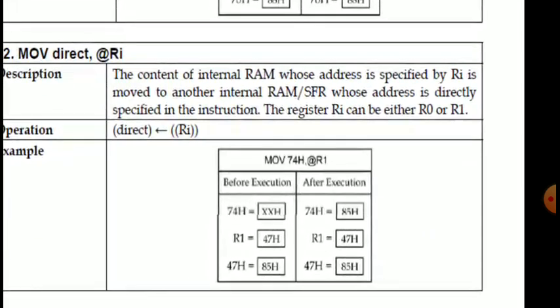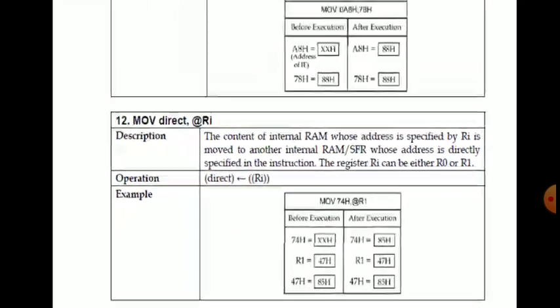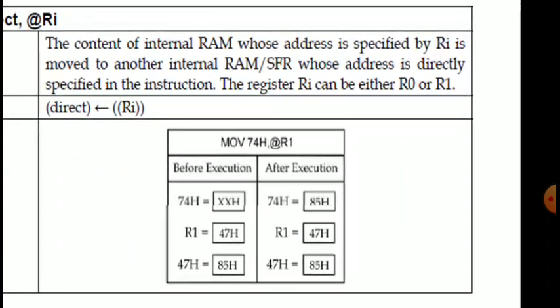Let us say R0 has some data, the same 47h, and the 47h has some random data, and the accumulator has 85h as the content, that is before execution.